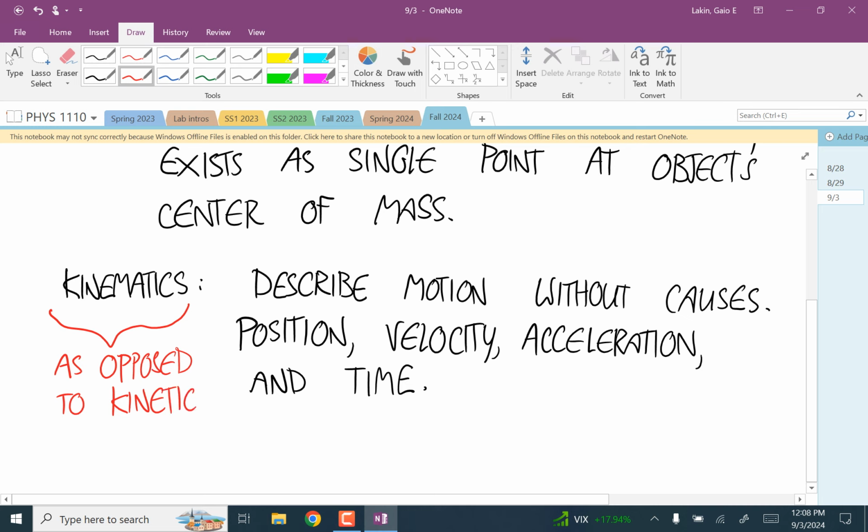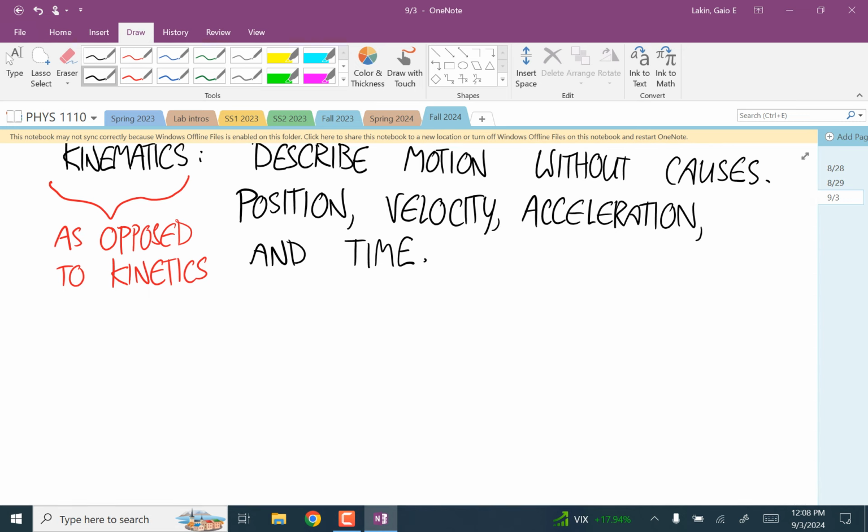I didn't make these. And so kinematics, the slightly longer word, is the one that deals with less stuff. Kinetics, the slightly shorter word, is the one that deals with more stuff. Okay, it has all of the kinematics in it, but it also includes forces, masses, energy.